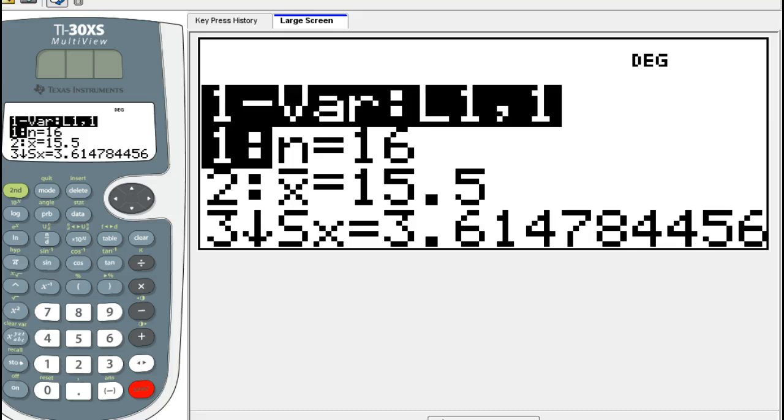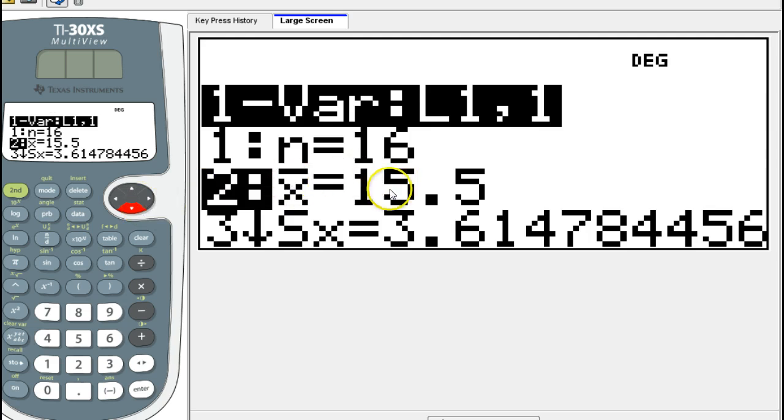This has a ton of valuable information on it, including stuff we'll need for later problems like standard deviation. The N right here at the beginning is reminding me I had 16 numbers. On another problem we'll need the X bar, which is the mean, but we don't need that on this problem.